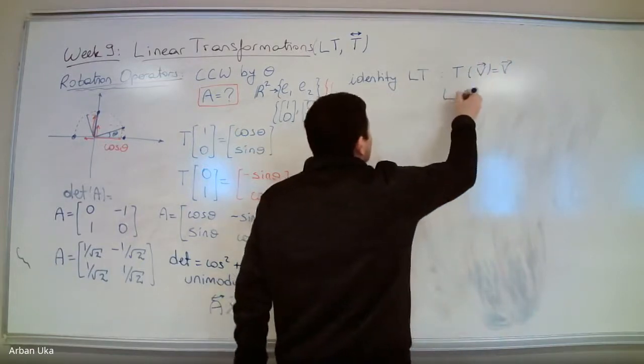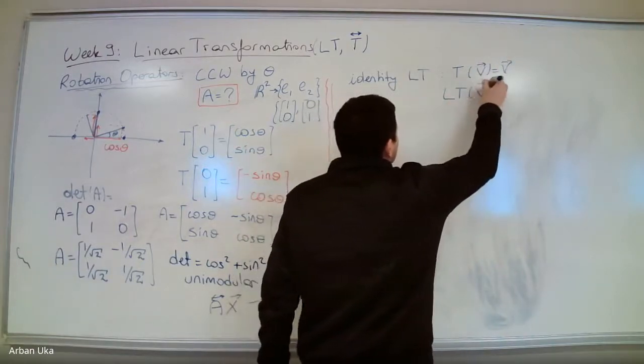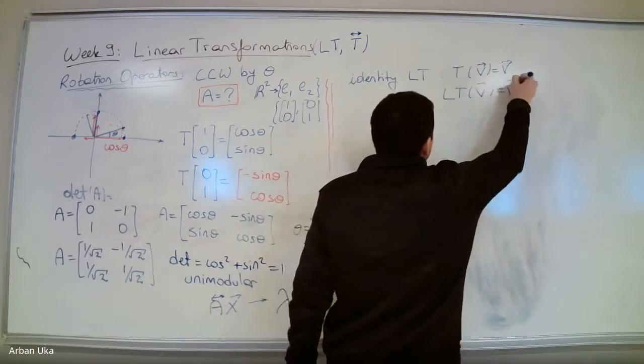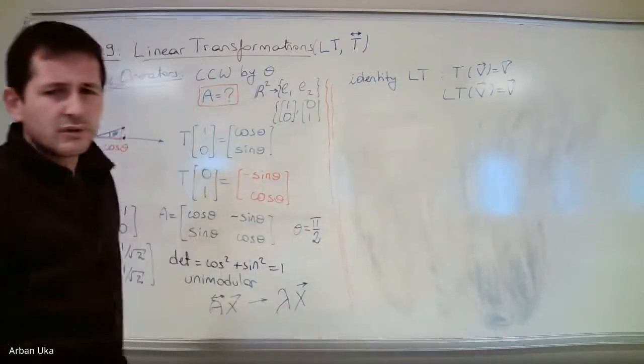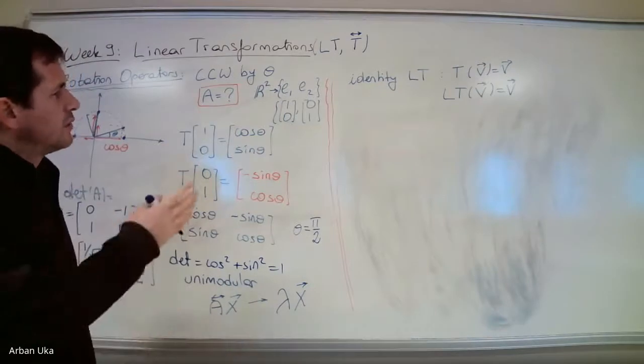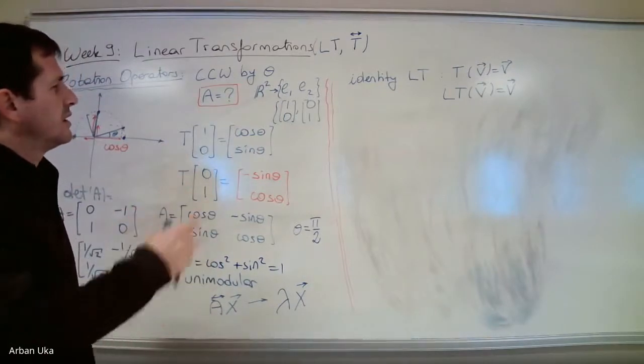Now we can write this also this way. It is not going to be a mistake. If you forget which was the correct notation, don't worry too much, because you can write it either way.